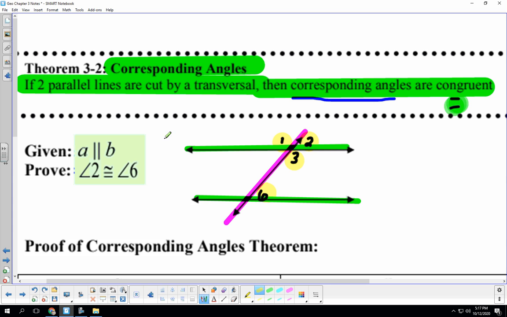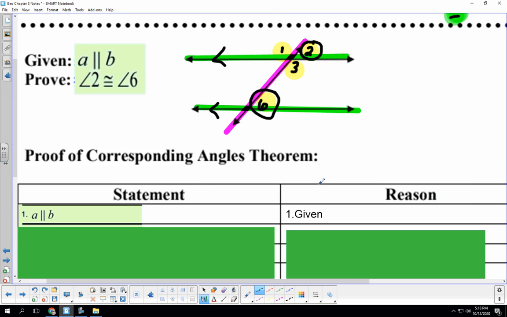We are given that these two lines are parallel, and just for fun, let me show you, we use this little arrow on each line as shorthand for parallel. So if you see the little arrow, that means parallel. We're going to prove that angle 6 is congruent to angle 2. Okie dokie. And we're going to use 1 and 3 to help us out.